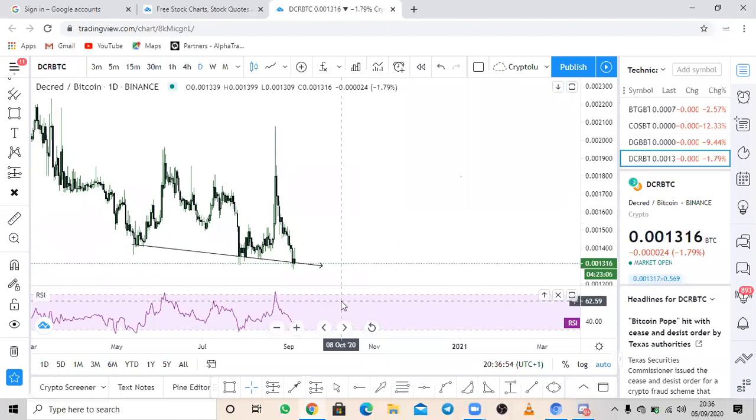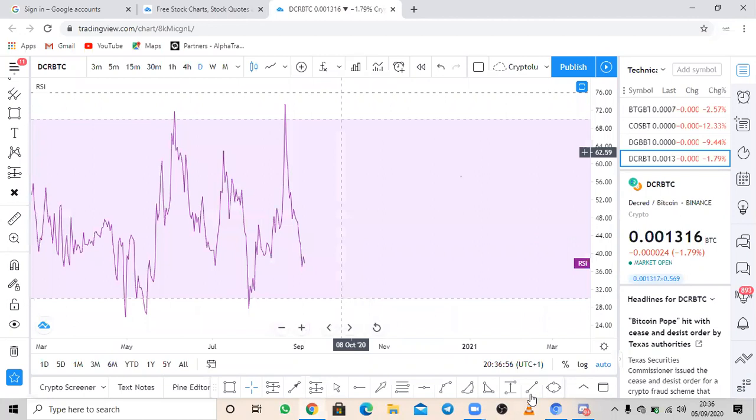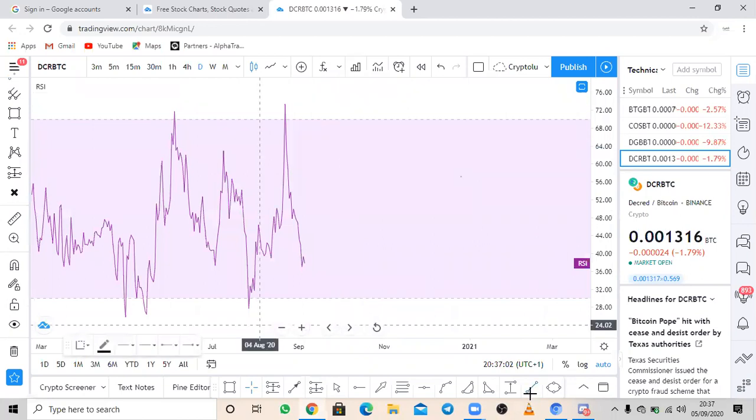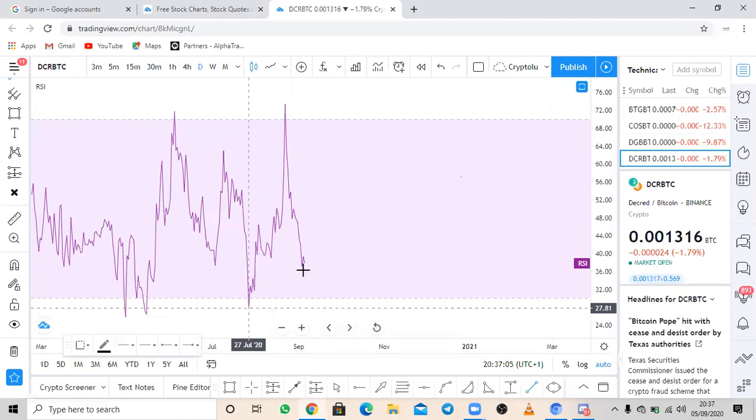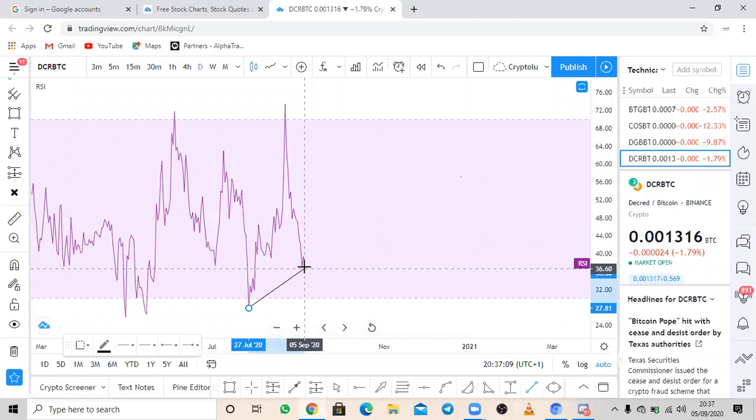The bullish divergence is still forming.